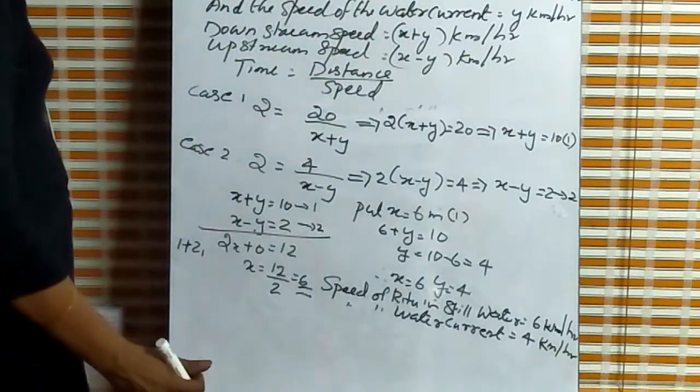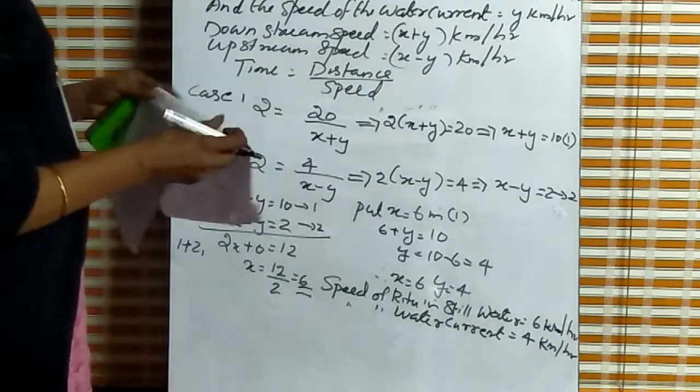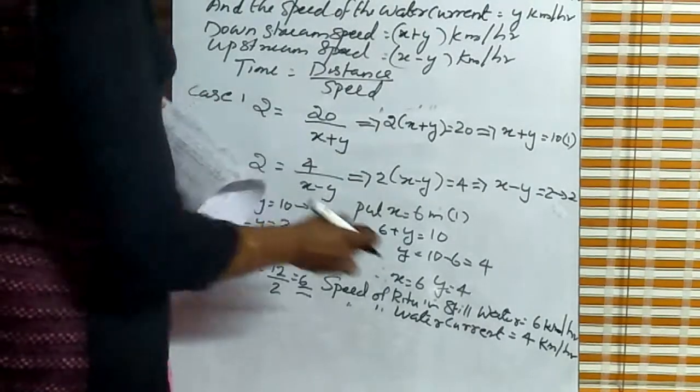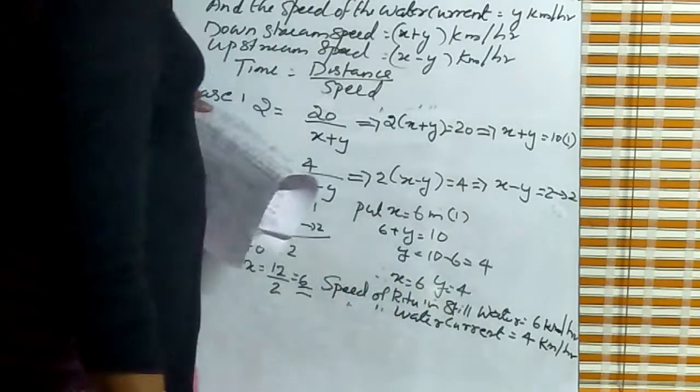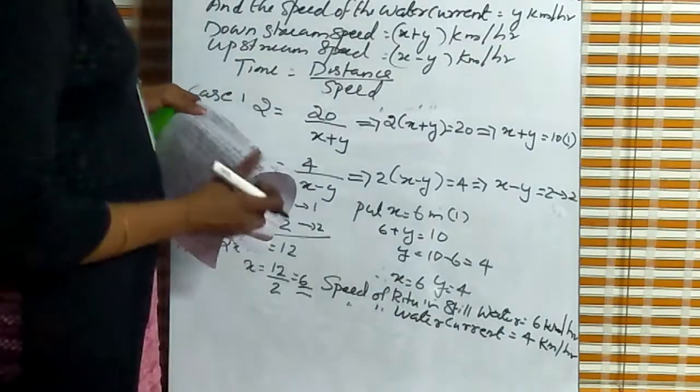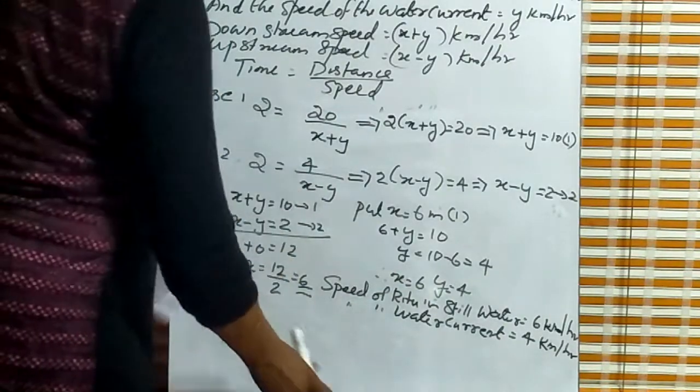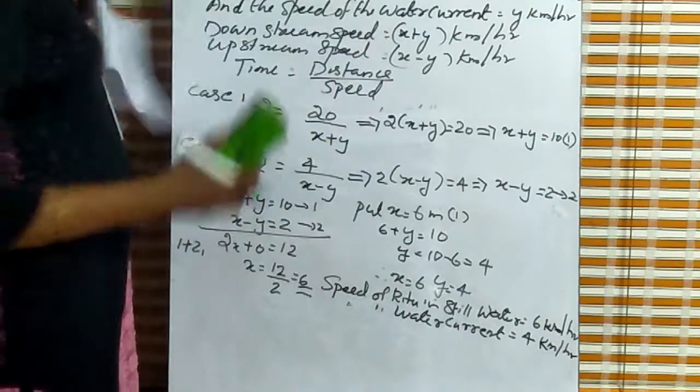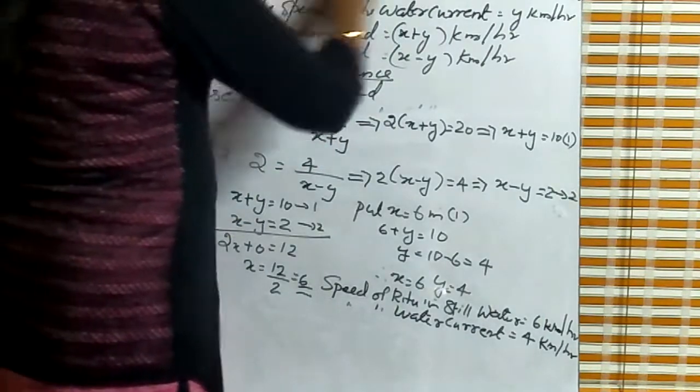Therefore, our answer is the first one. Speed of Ritu in still water 6 kilometer per hour. Speed of water current 4 kilometer per hour. Look at the second question.